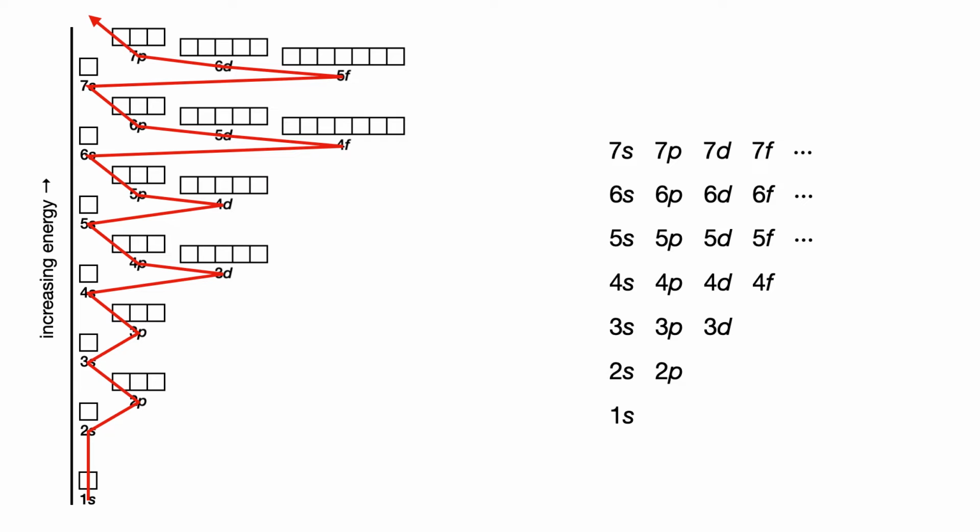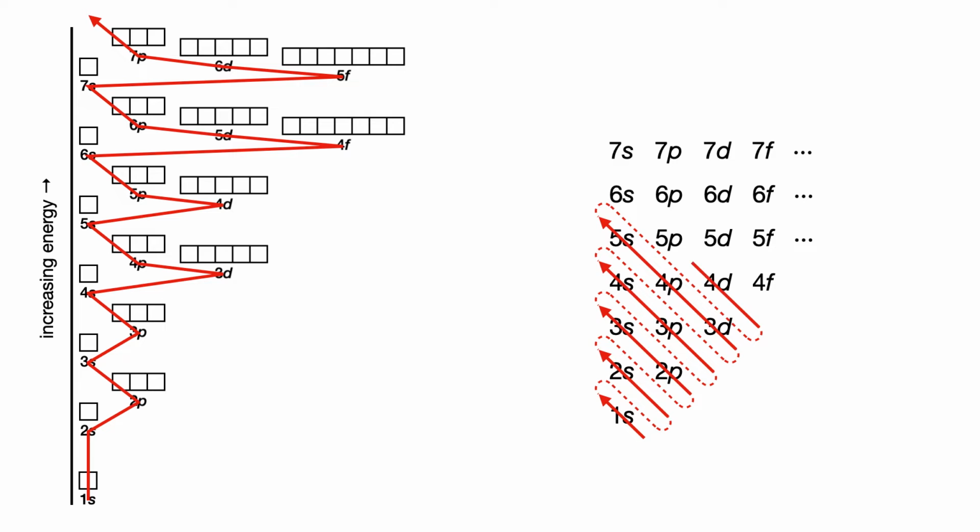But the point is, when you've written out the energy levels like this, if you then draw in diagonal lines, they will show you the sequence in which those sublevels appear as you go up in energy.